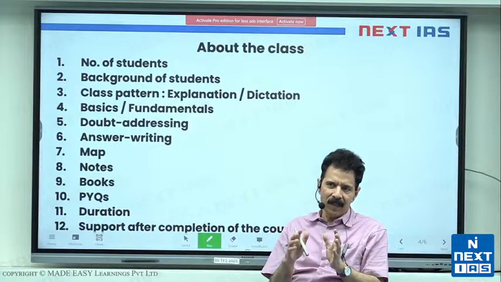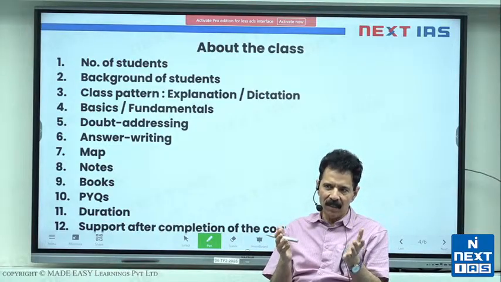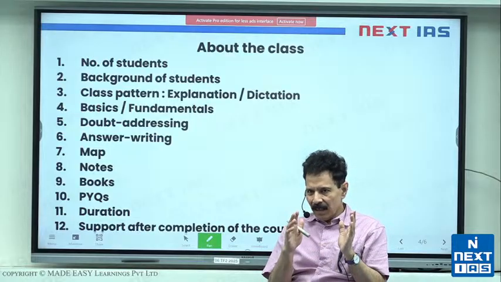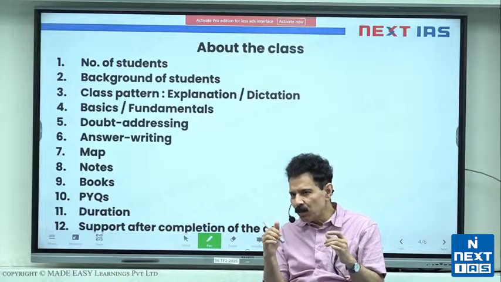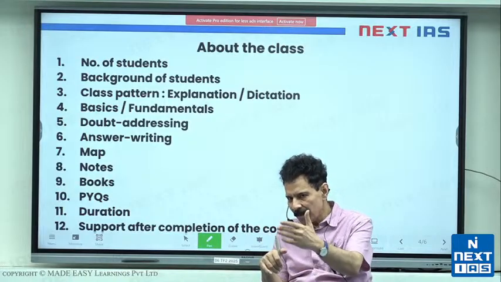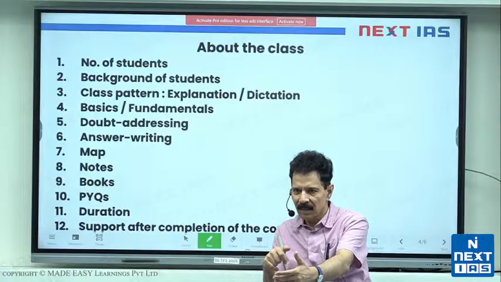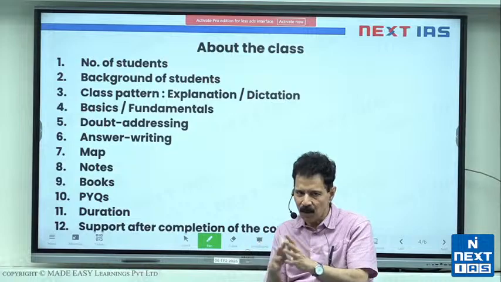So see, the class pattern is more explanations, less dictation. Dictations are there when I feel the issue is very complex. If this is in black and white form, this is more consolidated, so I dictate, and many such issues are there.